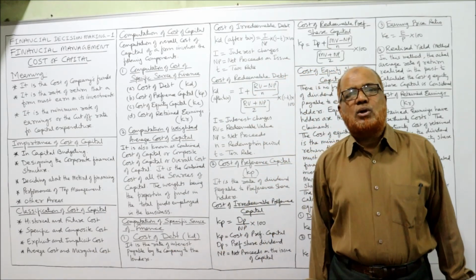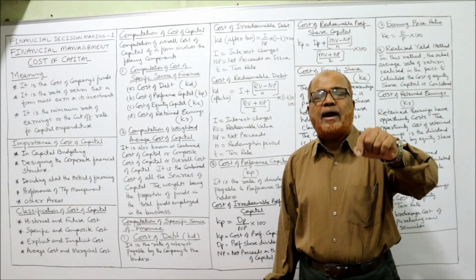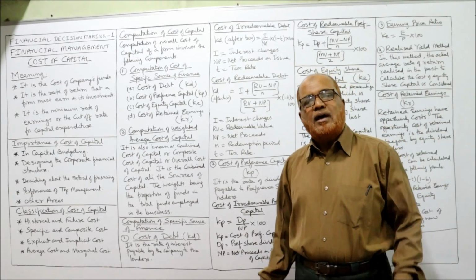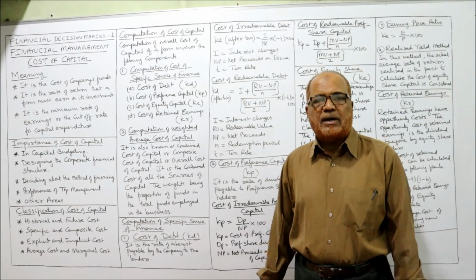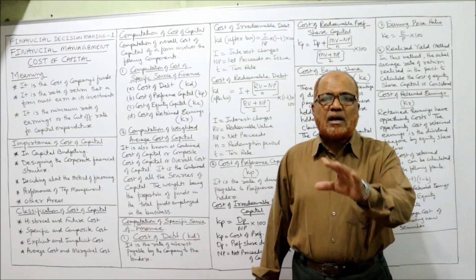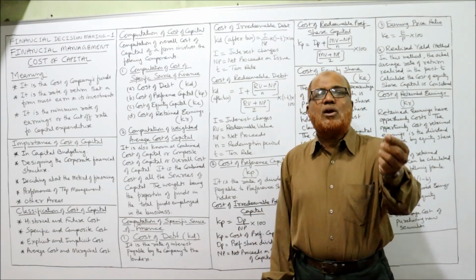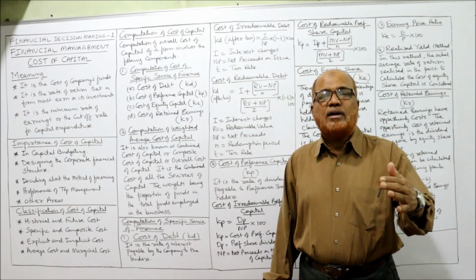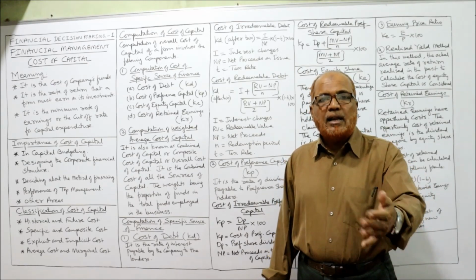Explicit and implicit cost. Explicit cost means the cost which is actually paid to outside suppliers of funds. Example, the cost incurred in paying the interest, the cost incurred in paying the dividend. These are explicit cost, out of pocket cost. Implicit cost is an opportunity cost. It is not out of pocket cost, but it is only calculated for internal purpose.